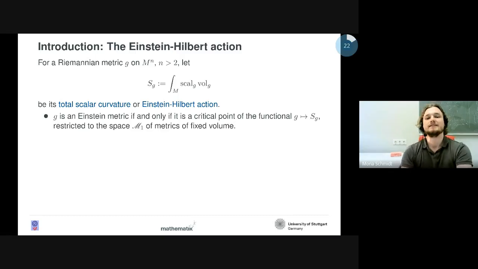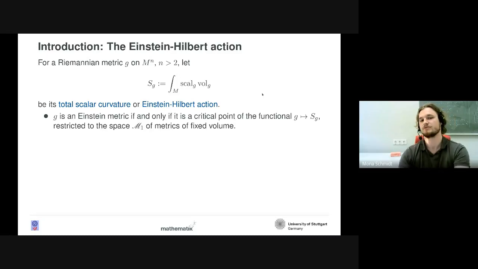We have the characterization that g is an Einstein metric if and only if it is a critical point of this functional when restricted to the space of metrics of fixed volume. M1 here denotes the space of Riemannian metrics with total volume 1. This restriction is crucial.